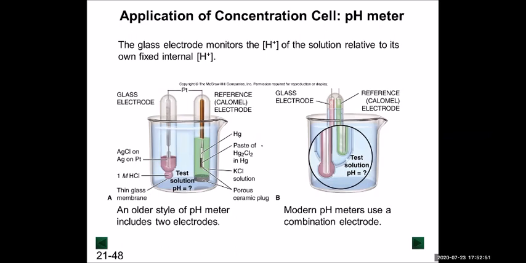I will not give you too much detail on the exact working principle, because we have a reference electrode and an electrode whose voltage depends on pH. As the pH changes, the voltage on one of them will change. As the voltage changes, it can be translated into the pH.